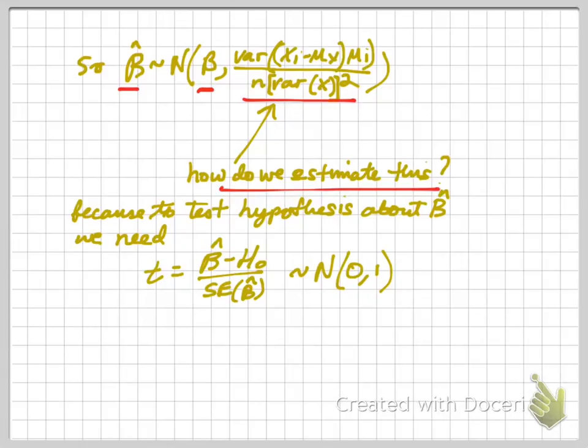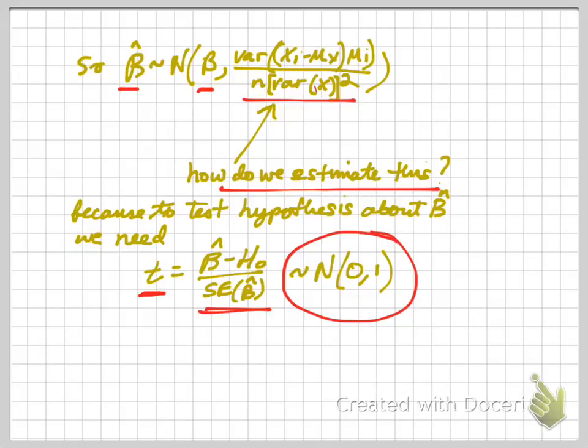But remember, we need to estimate this, and we need to have this expression that it's normally distributed because we need to test hypotheses about beta hat. So we need to construct a t-statistic, beta hat minus H0 divided by the standard error of beta hat. And what we've done here is show basically that that's going to be distributed normally with mean 0 and variance 1.